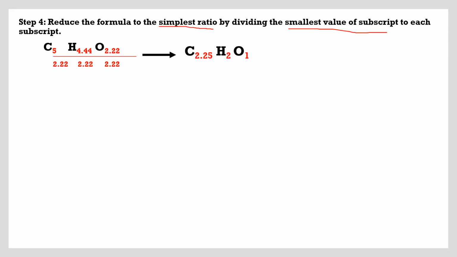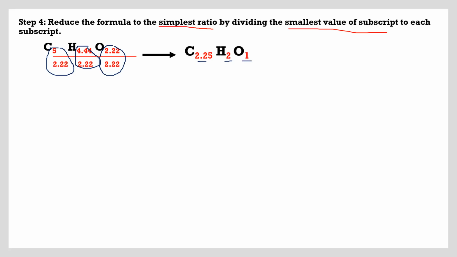So that will become, for carbon, 5 divided by 2.22, which gives 2.25. For hydrogen, 4.44 divided by 2.22 is exactly 2. And for oxygen, 2.22 divided by 2.22, of course, is 1.